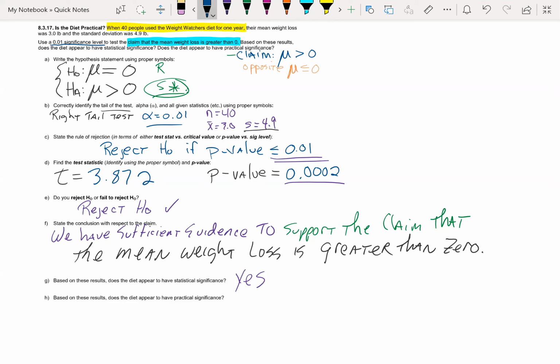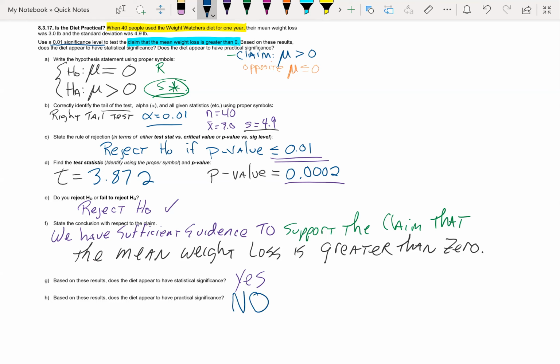And after an entire year, they saw an average weight loss of 3 pounds. That's not very inspiring given the amount of time and the average weight loss we saw in our sample.